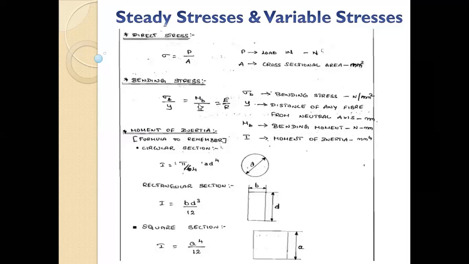We'll talk more about that in the coming lecture. Your allowable shear stress is half of your sigma t, tau is 0.5 of sigma t. Once you know the SYT or SUT, you can find out the allowable stresses, shear stress and tensile stress. Once you know the stresses and the load, you can find out the dimension. This is the process of design.